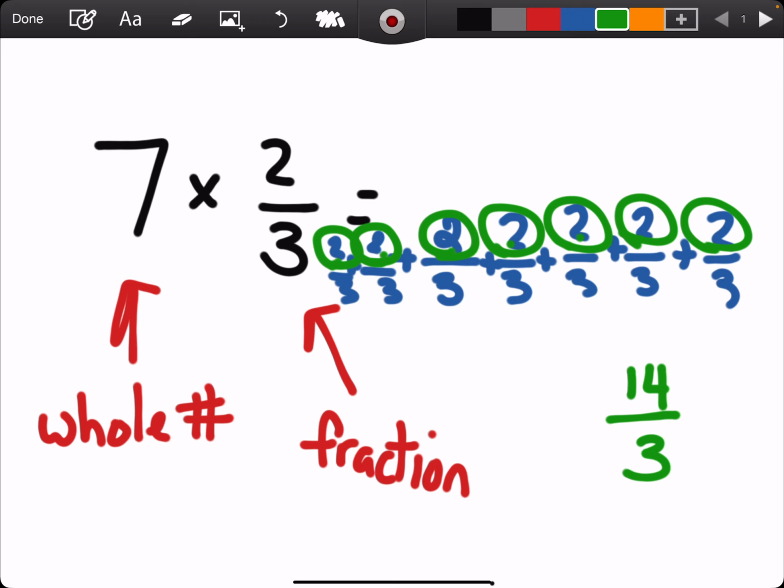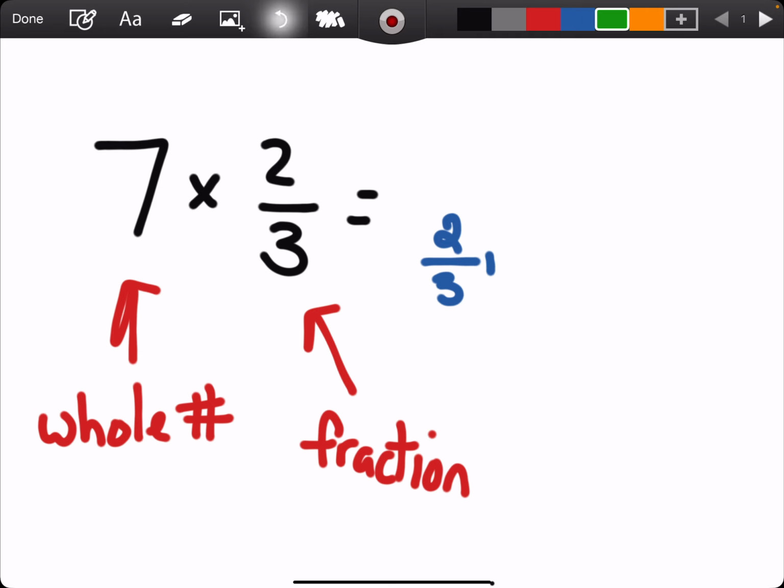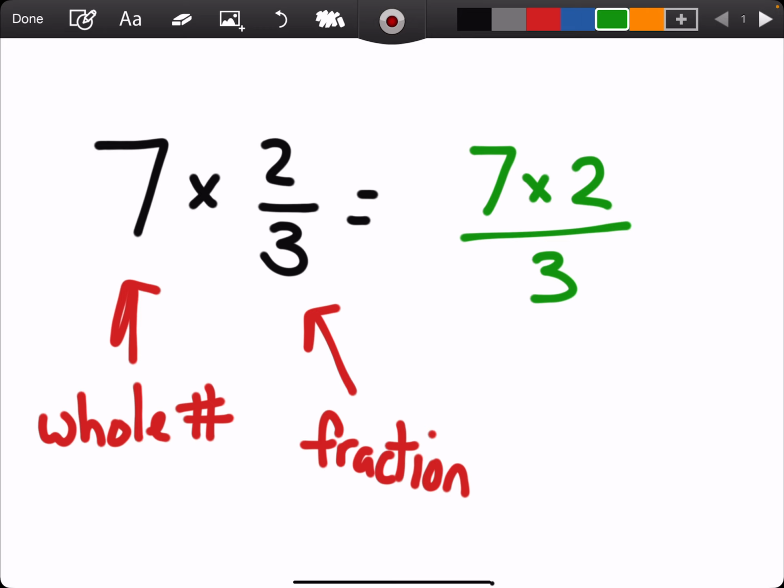So instead of adding 2 7 times, I could do 7 times 2 and just put that over 3. What is 7 times 2 over 3? 7 times 2 is 14, and our denominator stays the same. 14 over 3.